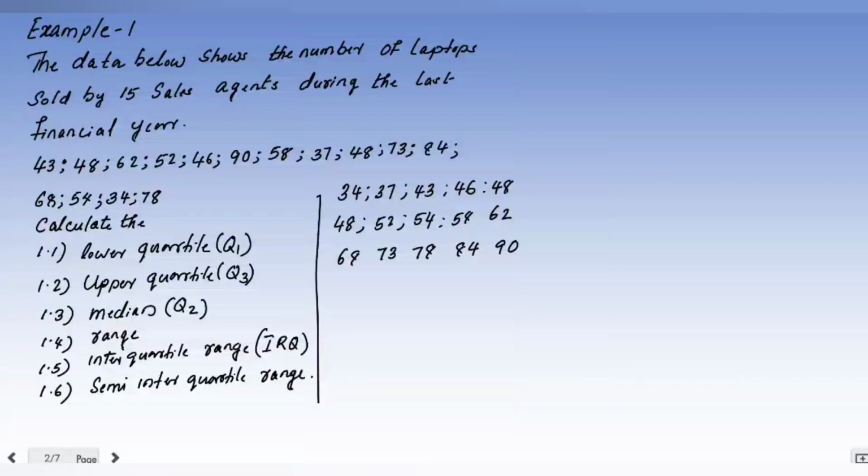So I arranged the data in ascending order, from smallest to biggest. So 34 is the smallest value and 90 is the biggest value.